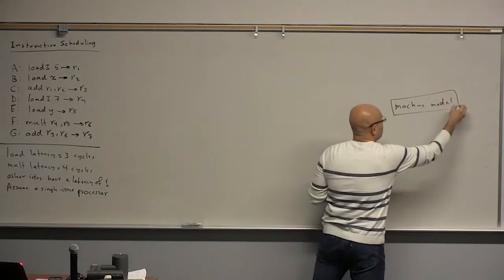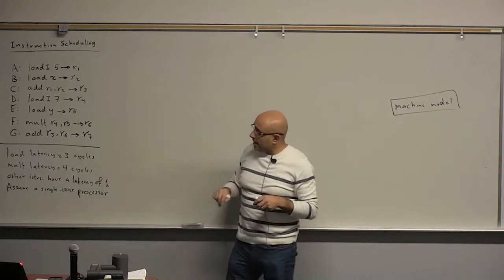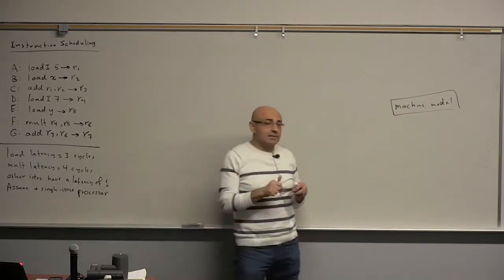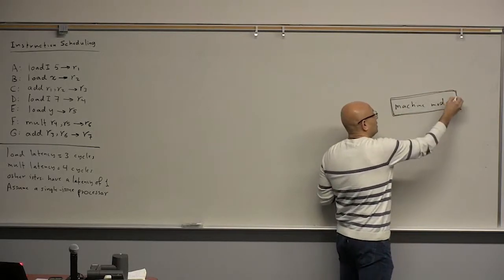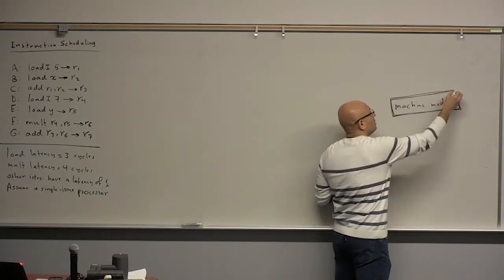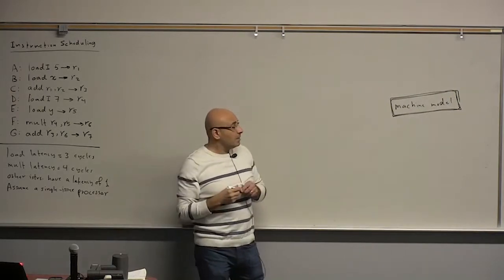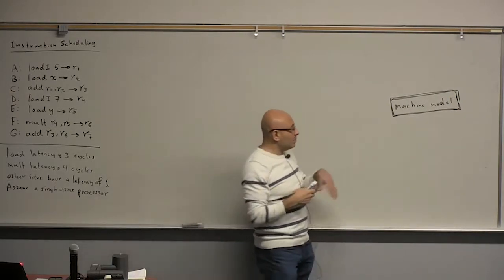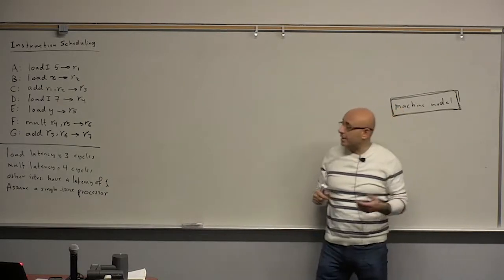It's an extremely simplistic machine model that assumes a single issue processor, and it assumes these latencies. But in general, in a real compiler generating code for a real processor, machine modeling needs to be more complicated and more accurate than this.